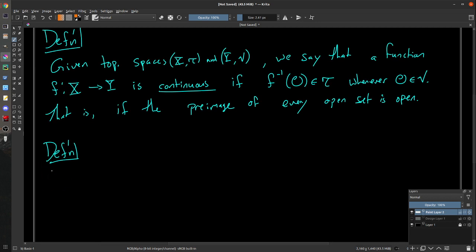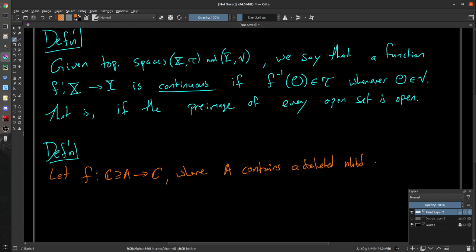So let f be defined on some subset A of C to C, where A contains a deleted neighborhood of some point z naught.